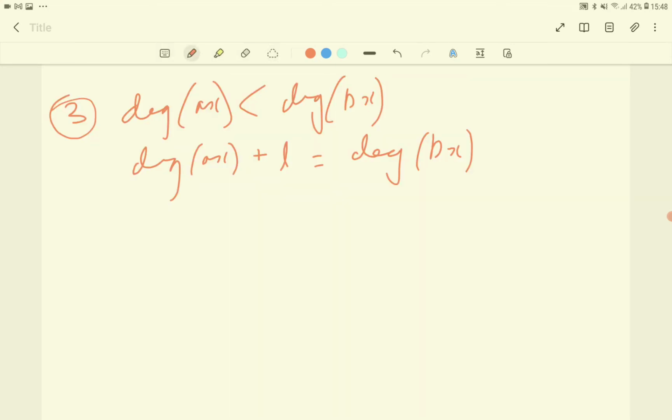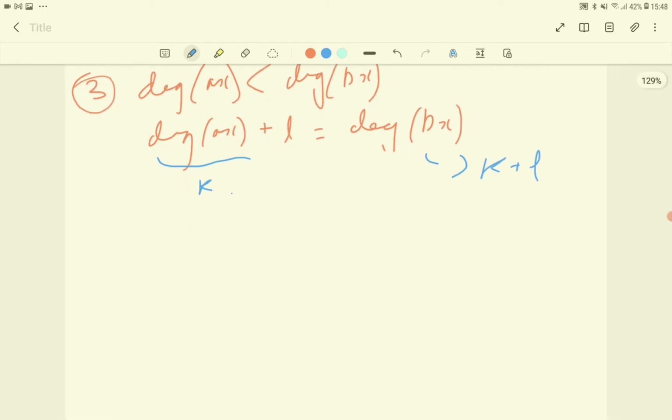Now, we don't actually know the degrees, but let's assume that the degree of a of x is k. So the degree of b of x is basically k plus l.